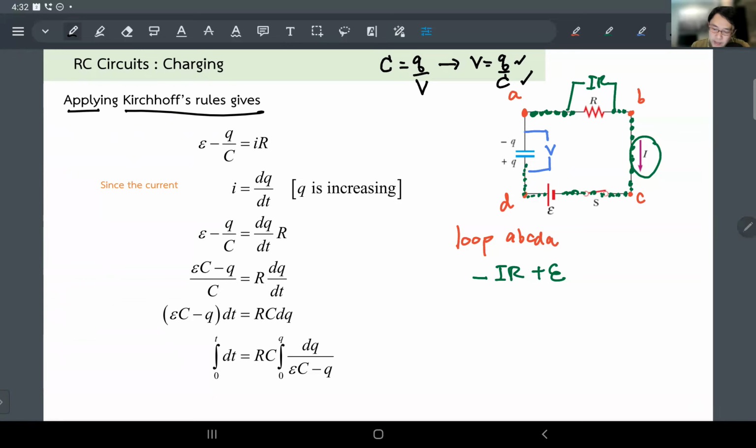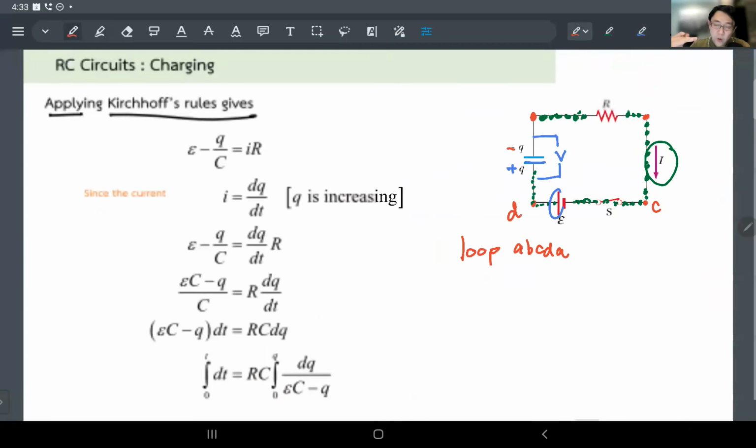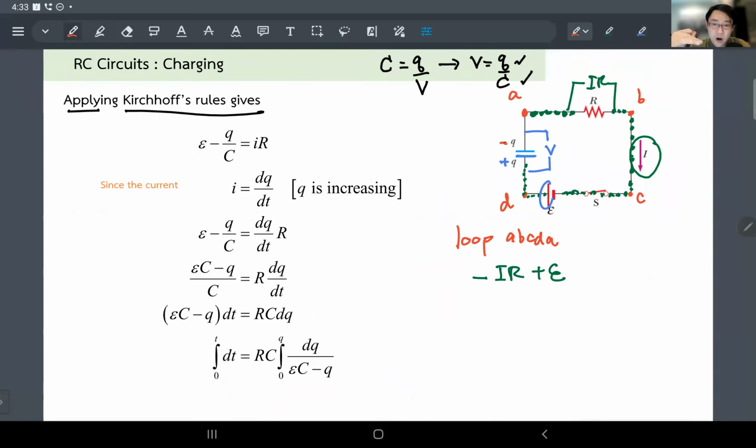However, now imagine this. As you can see, the bottom plate is connected to the positive end of this source. So you're pretty sure this plate is going to turn positive and the upper plate is going to turn negative. So the lower plate has a positive charge and the upper plate is negatively charged.